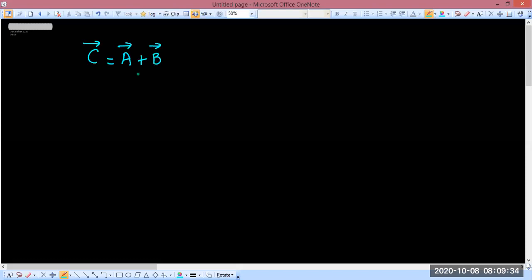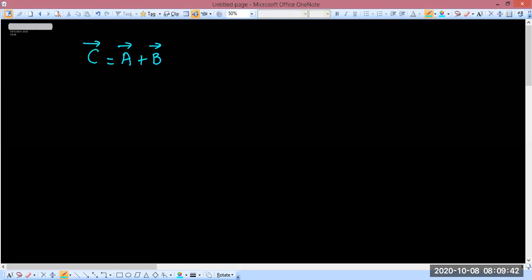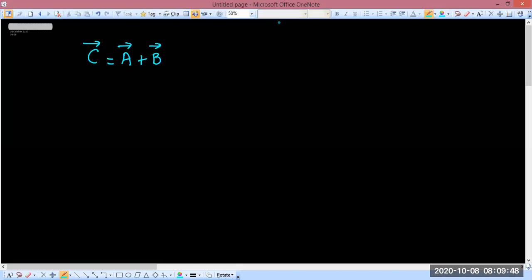So the next question was an MCQ. It is given that C vector is equal to A vector plus B vector. Then, come on, what do you think? What is your answer? Vote, A, B, C or D. Only one option can be right.